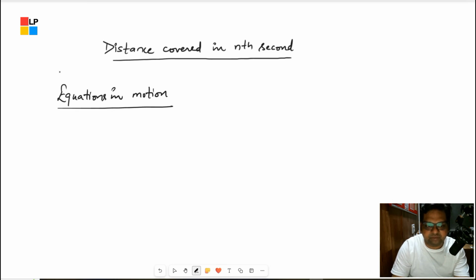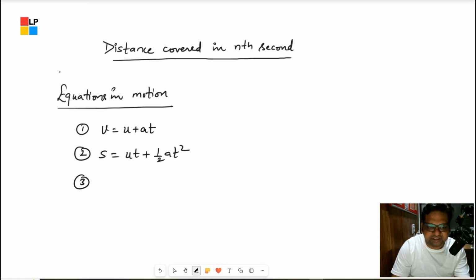There are three equations of motion. First one is v is equal to u plus at. Second is s is equal to ut plus half at square, and the third equation is v square minus u square is equal to 2as.